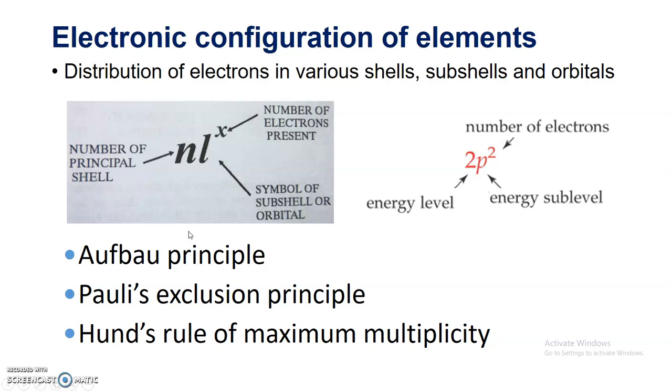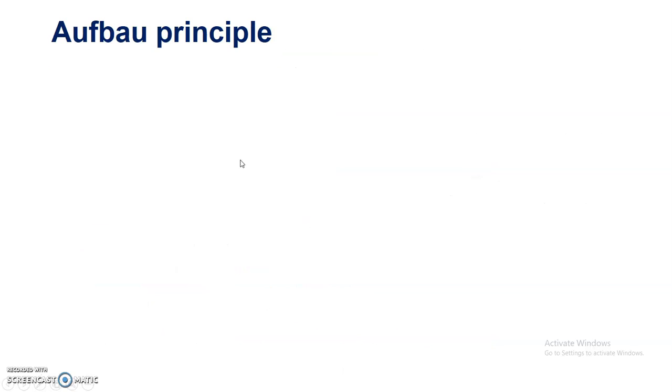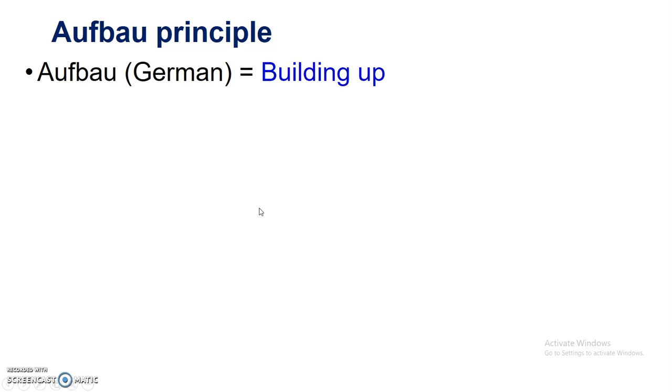So this electronic configuration is governed by three rules: Aufbau principle, Pauli's exclusion principle, and Hund's rule of maximum multiplicity. Now first of all, what is the Aufbau principle? Aufbau is a German word. The meaning of this is building up.